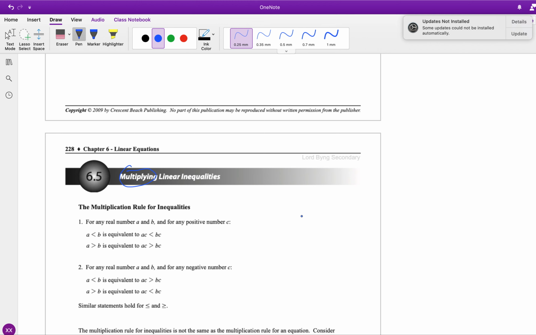So in this case, the second fundamental difference between equations and inequalities is that if you multiply or divide by a negative number, then your inequality sign will change.